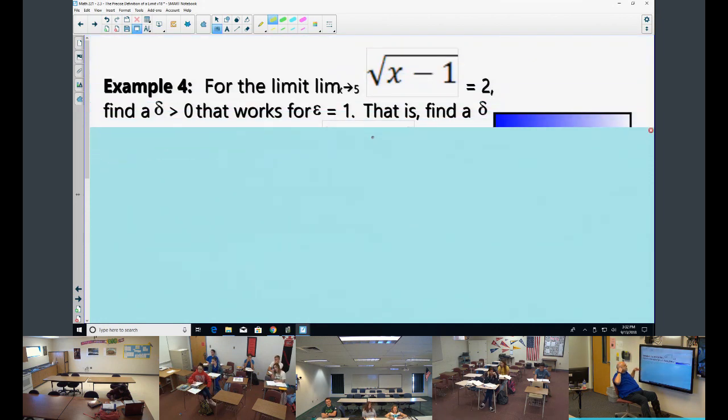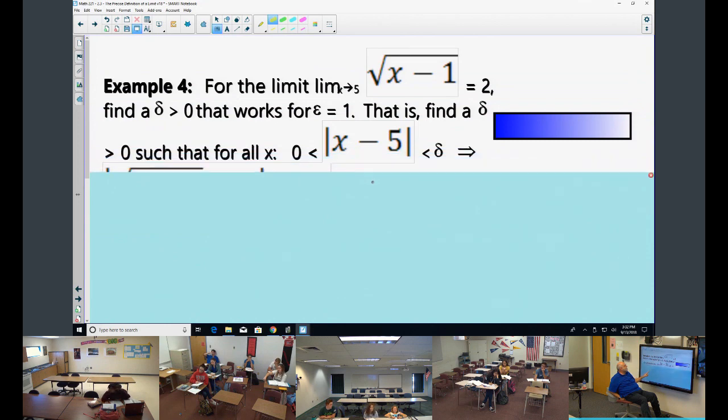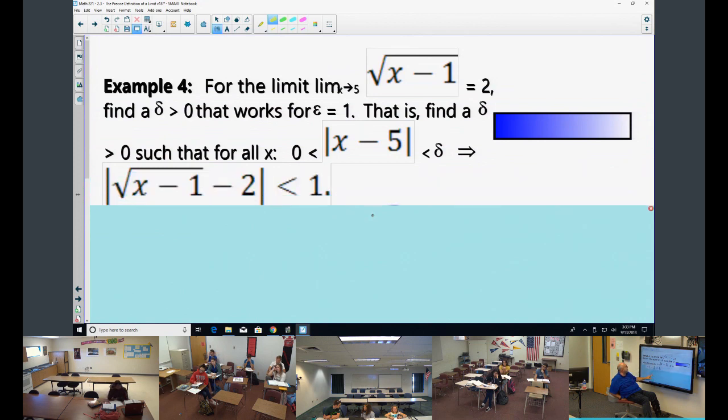Okay, so this says, for the limit as x approaches 5 of this radical equals 2, find a delta greater than 0 that works for epsilon equals 1. So, in other words, find a delta greater than 0 so that 0 is less than |x minus 5|, the target is 5, is less than delta, implies that the function minus the limit is less than epsilon.